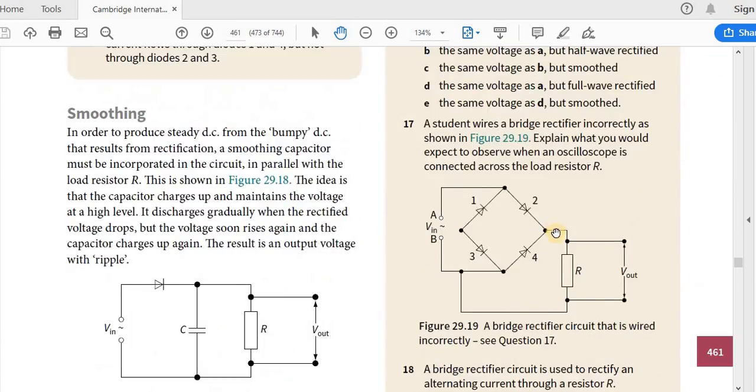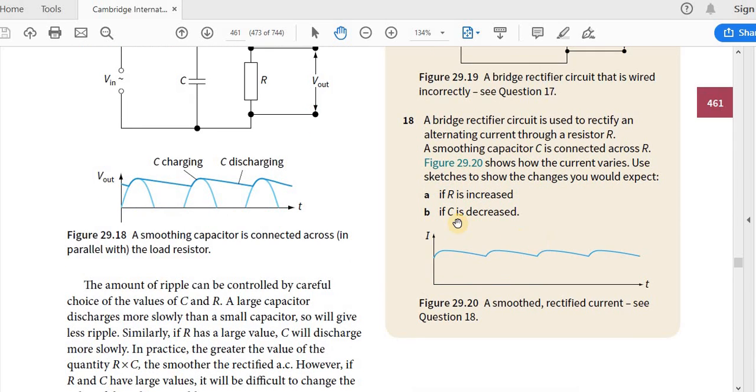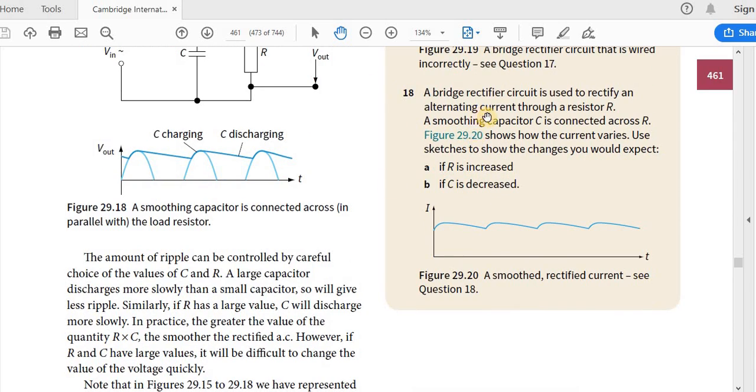Again, make sure you answer all these questions. We can briefly go through the question here. Number 18: a bridge rectifier circuit is used to rectify an alternating current through a resistor R. A smoothing capacitor C is connected across R. Figure 29.20 shows how the current varies. You can see that over here.